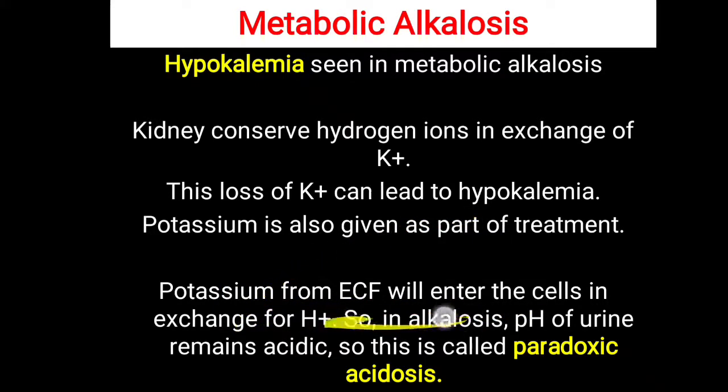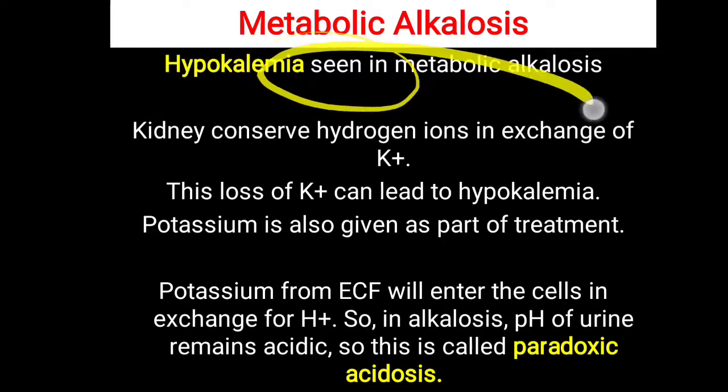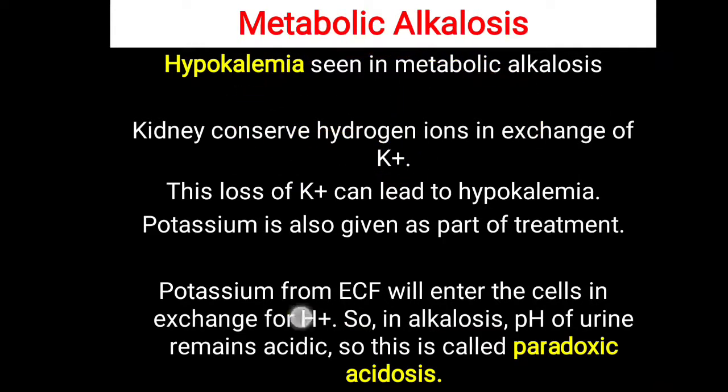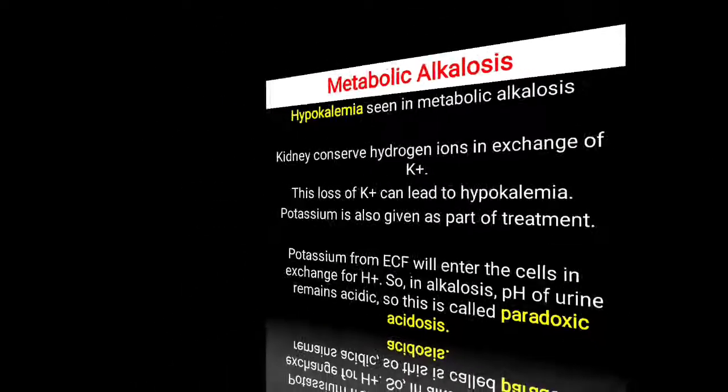So in this condition, H plus is coming outside and potassium is going inside the cell. So in alkalosis, the pH of urine will remain acidic. This is called paradoxic acidosis. It occurs due to the exchange of potassium and hydrogen across the cell and the blood, and that leads to paradoxic acidosis. So even though there is a metabolic alkalosis and the pH is on the higher side, the urine still remains acidic in nature. That is called paradoxic acidosis.